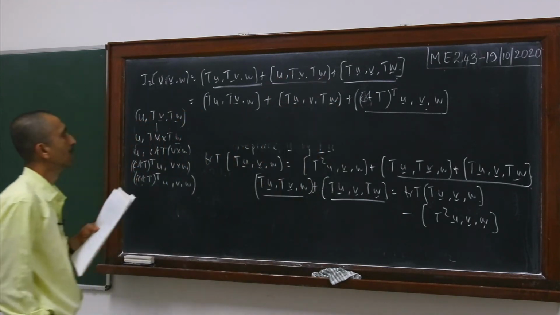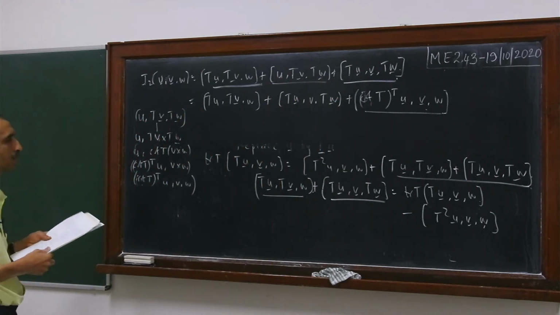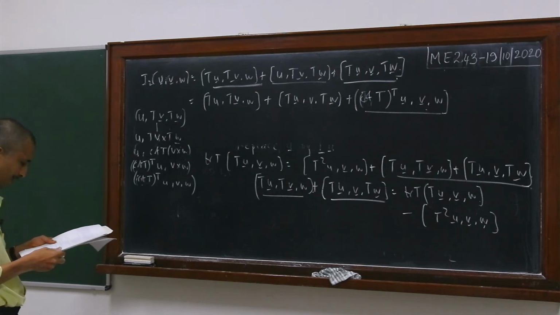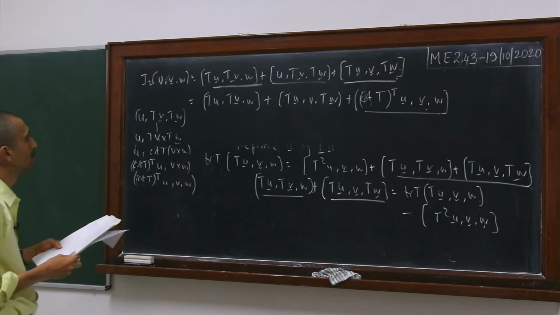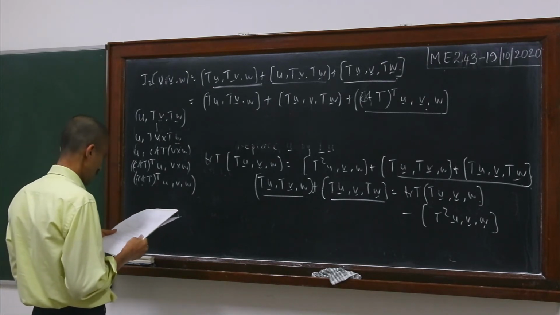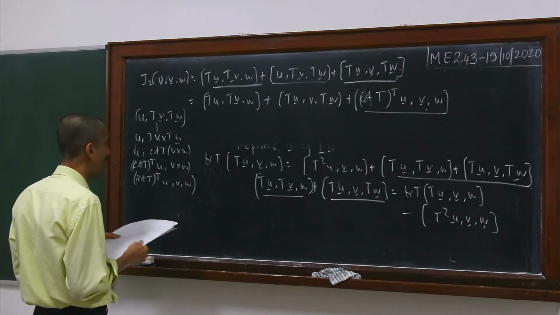So just try to simplify this using these two expressions, and this is what you will get finally. And then now use the fact that U, V, W are arbitrary.